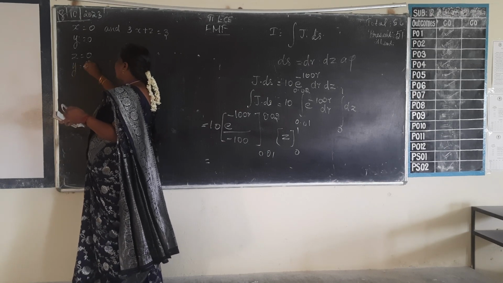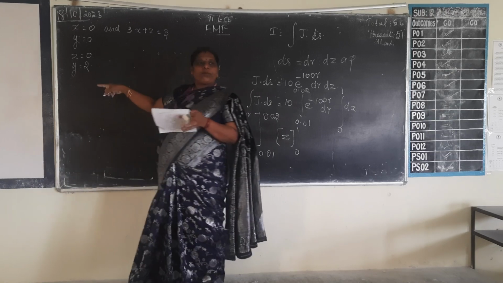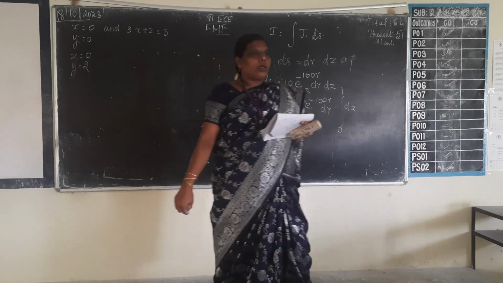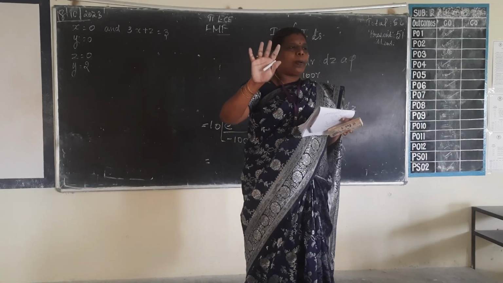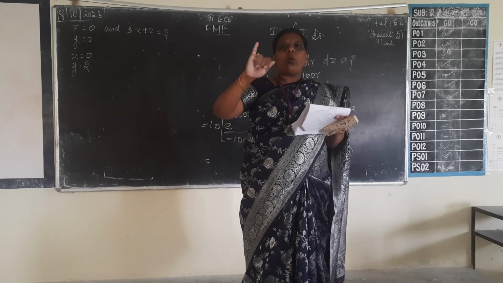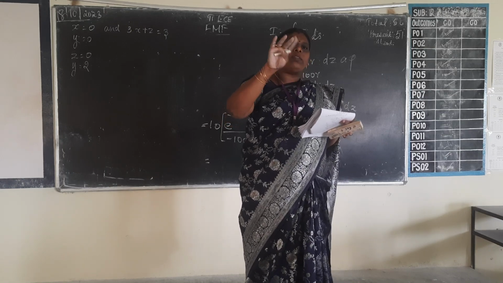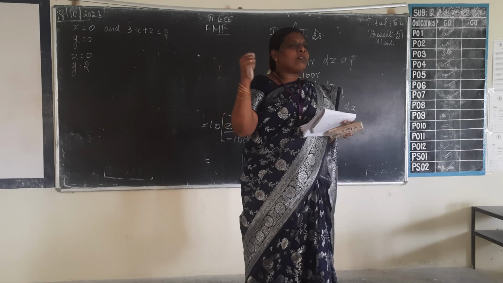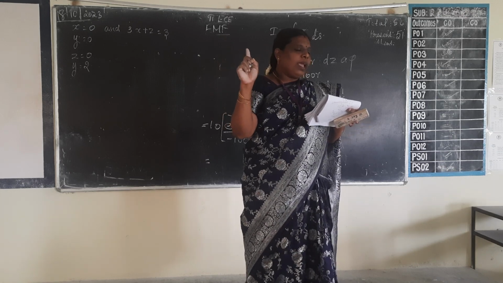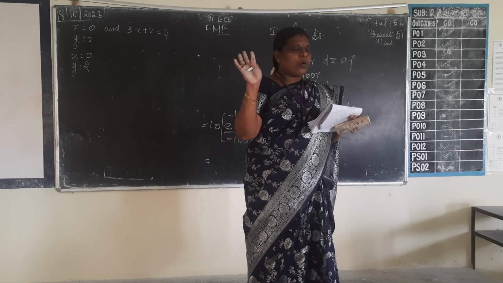One more parameter is given, y is equal to 2. Right? 5 planes. Now what are the 5 planes? x is equal to 0, y is equal to 0, y is equal to 2, z is equal to 0, and the other is given by an equation. What is that? 3x plus z is equal to 0.